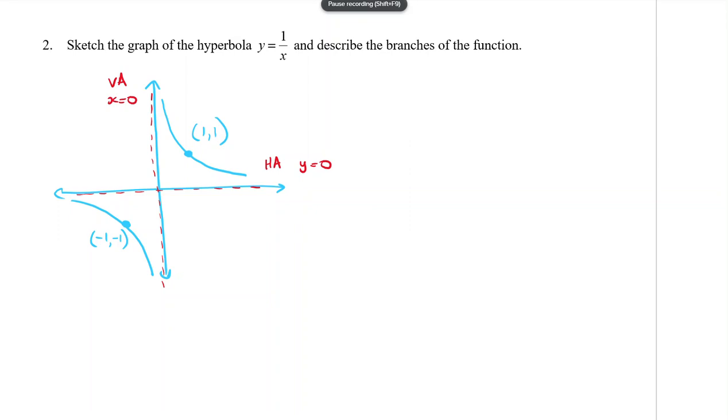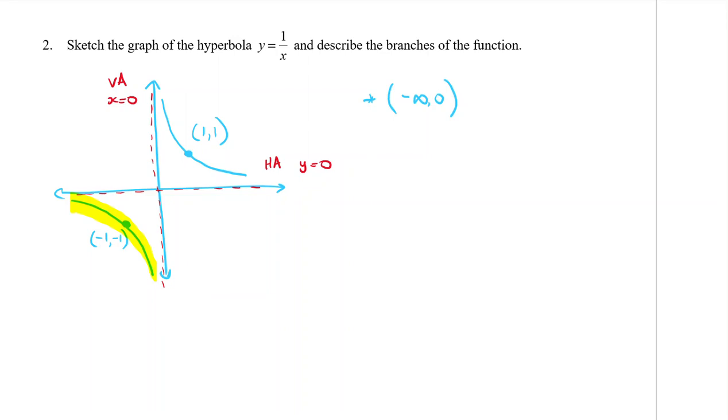So there are two sections of that hyperbola. So starting with this one, using our bracketed notation, we would call that the interval from -infinity to 0, using curved brackets because -infinity is not an actual number, so we always use a curved bracket on that side, and we don't actually reach the 0 because 0 is an asymptote, so we need a curved bracket around the 0 as well.